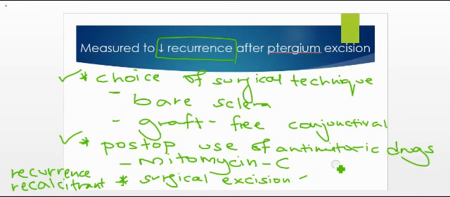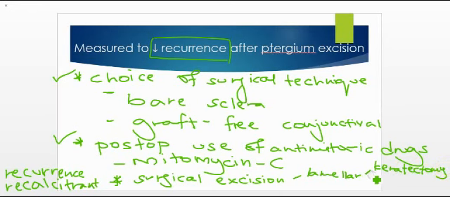Lamellar keratectomy. I always have a problem spelling this word, keratectomy. Let me just pronounce it: keratectomy. And keratoplasty.